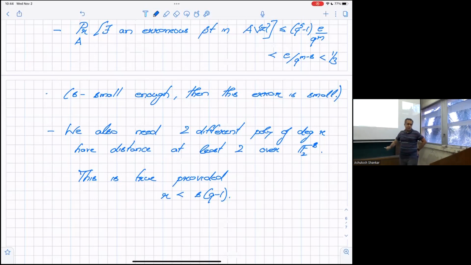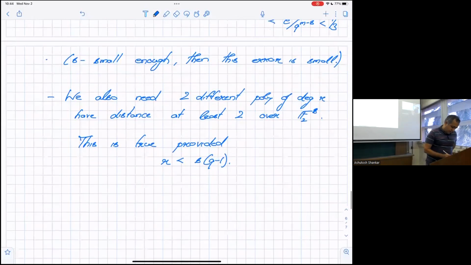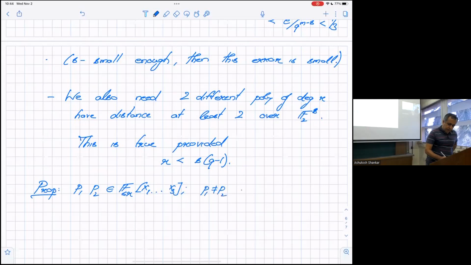Basically, I want to make the following claim: if P1, P2 belong to F_q[X1, X2, ..., XS] of degree at most R, P1 not equal to P2, and R is less than S times (Q minus 1), then the distance of P1, P2 is at least 2.